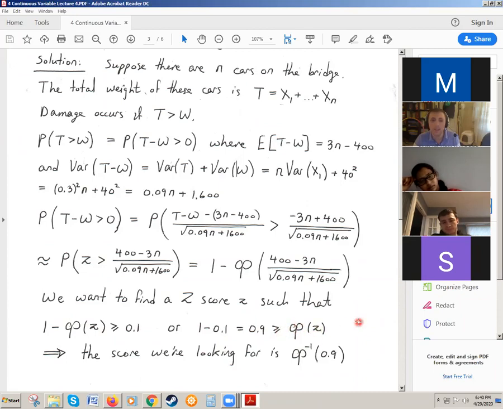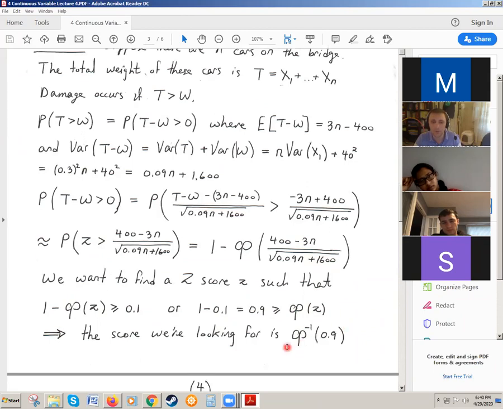So I have 0.9 has to be bigger than or equal to phi of z. And then I now have to look up the inverse of phi at 0.9. Since this is an increasing function, I want to see which z-scores work. So I look into the table and I'm searching for 0.9.